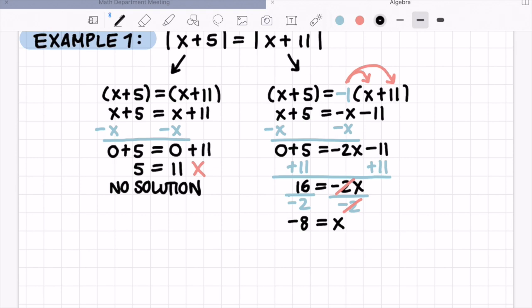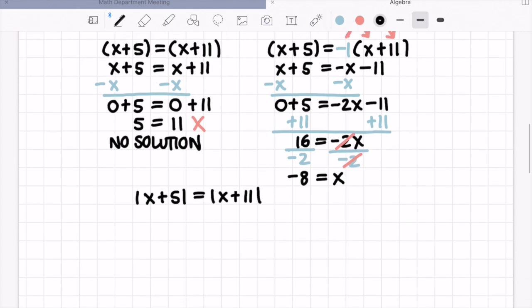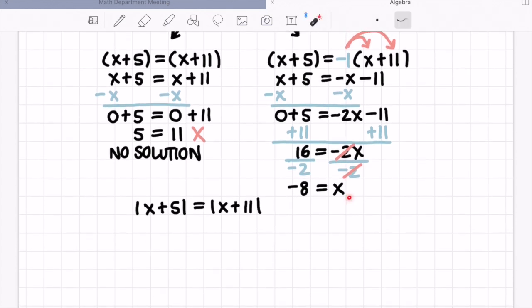So now what I want to do is the last step, which I said was to check our answer. So I have my equation here, which was the absolute value of x plus 5, and I close those absolute values. And I have the absolute value of x plus 11. What I want to do is substitute my negative 8 for x.